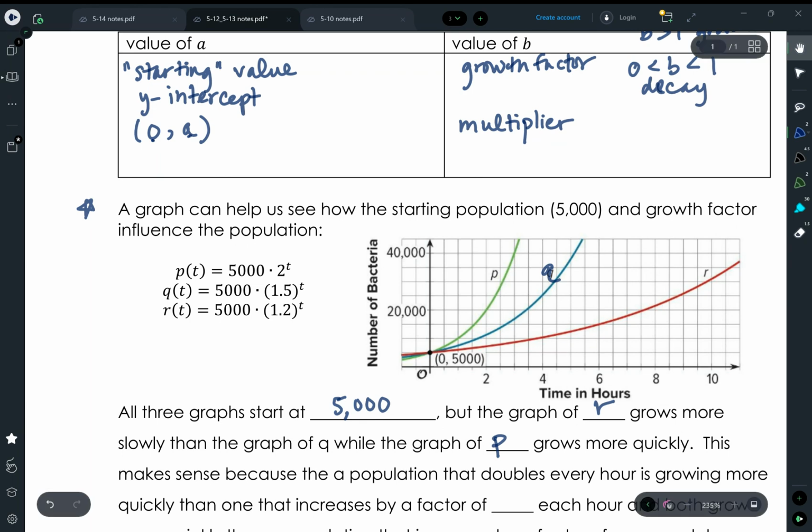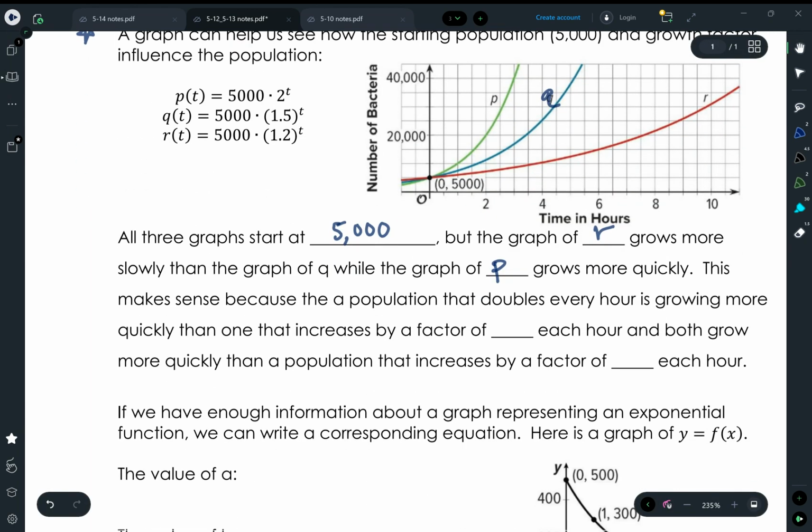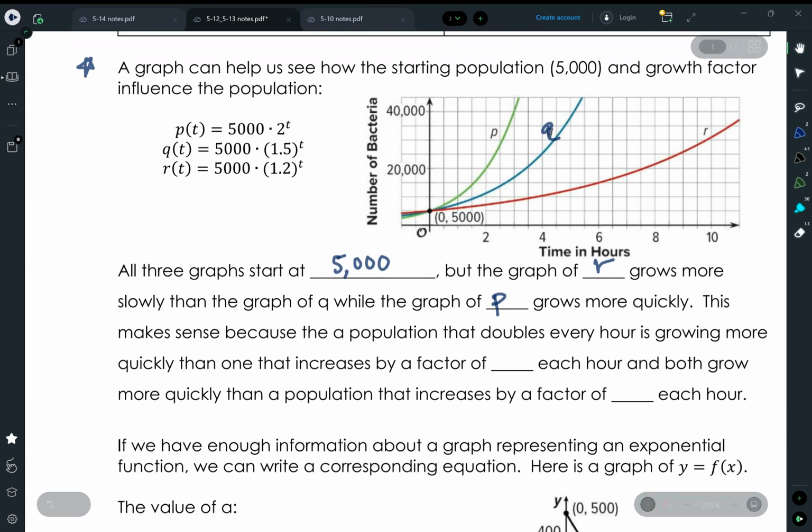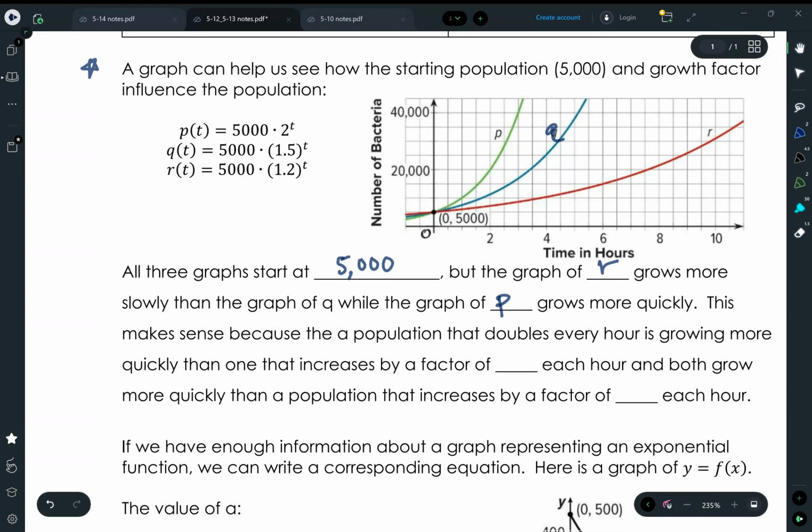That's what we're really looking at. This makes sense because a population that doubles every hour is growing more quickly than one that increases by a factor of 1.5 each hour, and both grow more quickly than a population that increases by a factor of 1.2 each hour.